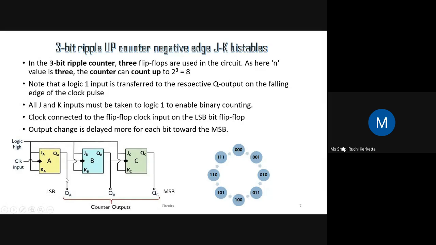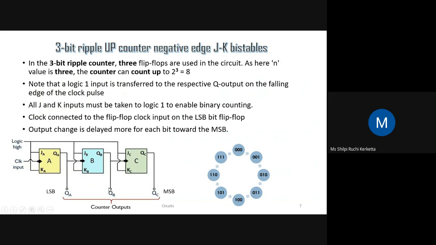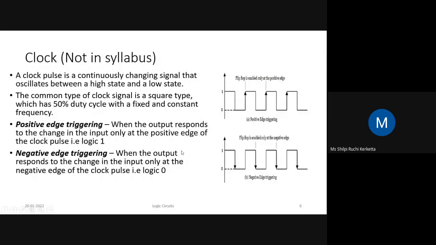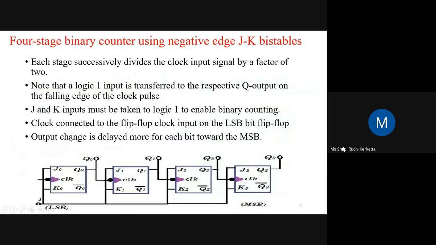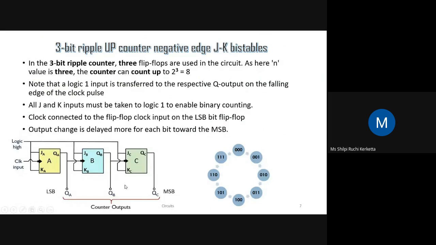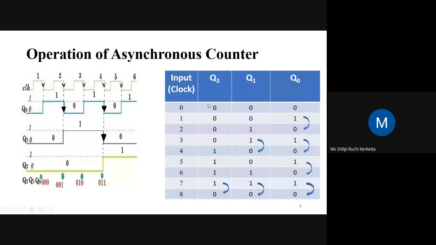From the first we are getting the least significant bit, from the second the middle bit, and from the third the most significant bit.